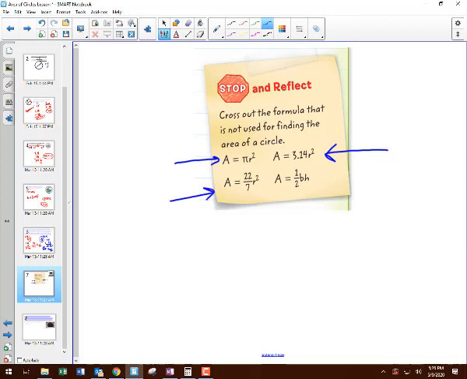What about this one here? 22/7 times radius squared. Well, if you actually divide out 22 divided by 7, that equals 3.14 and some more decimals, but it's basically the same thing as pi. This right here is pi.